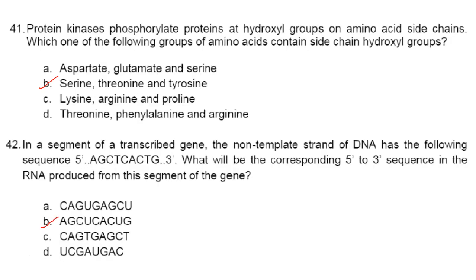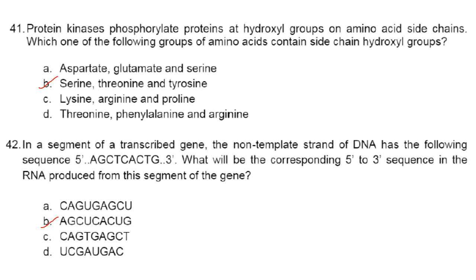Then protein kinase phosphorylates protein at hydroxyl group of amino acid side chains. Which one of the following groups of amino acids contain side chain hydroxyl groups? Serine, threonine and tyrosine. Answer is option B. In a segment of a transcribed gene, the non-template strand of DNA has the following sequence.